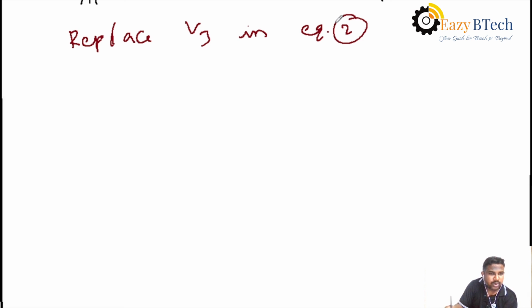Then similarly, the next step is the same. Replace the V3 value in equation 2. What is equation 2? That is I2. What is the I2 value here? 1 by 2 V2 minus 1 by 2 V3.